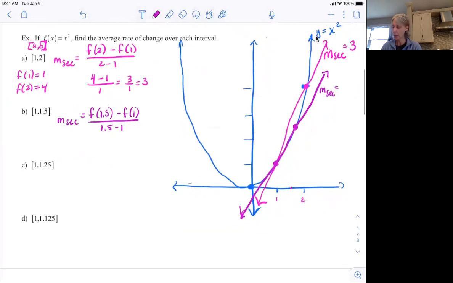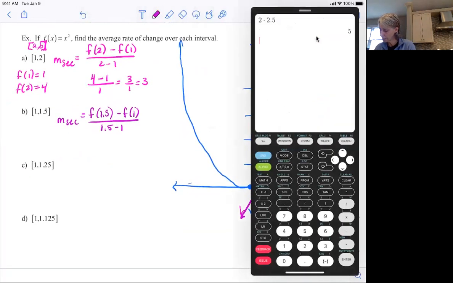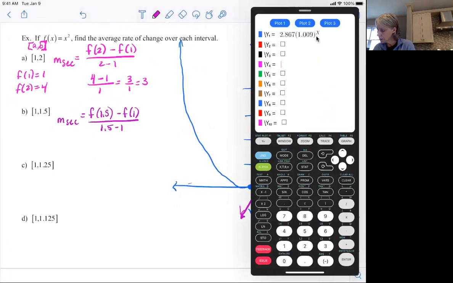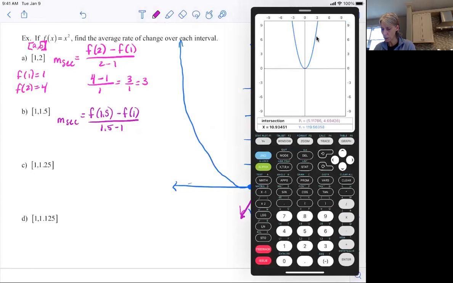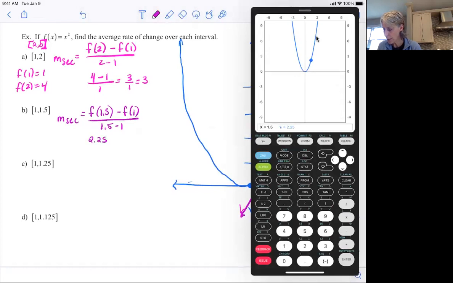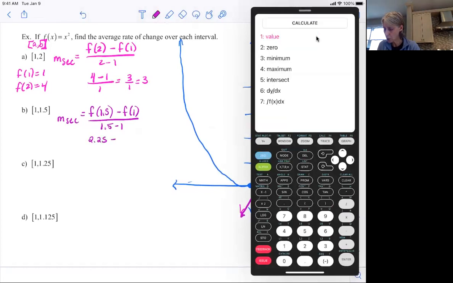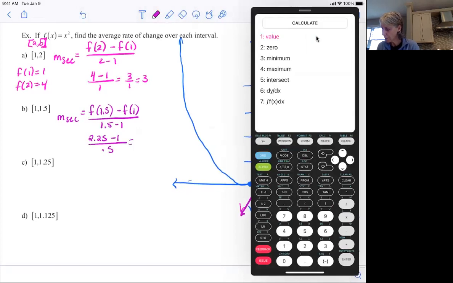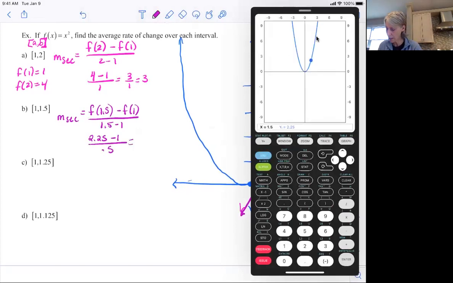So you just have to do a little bit of work here. If we go into our calculator, X squared, let's plug in 1.5. So my y value is 2.25. 2.25 minus f of 1, that's just 1, over 0.5. So we're going to do just a little math here.